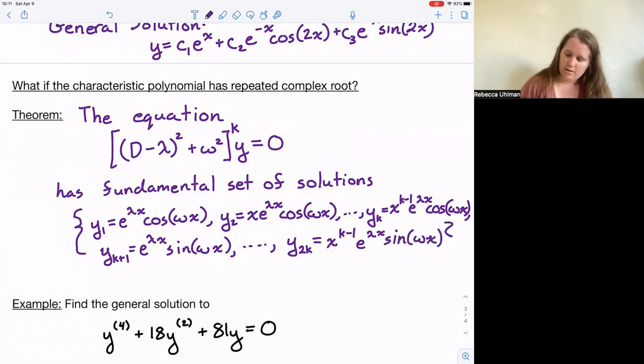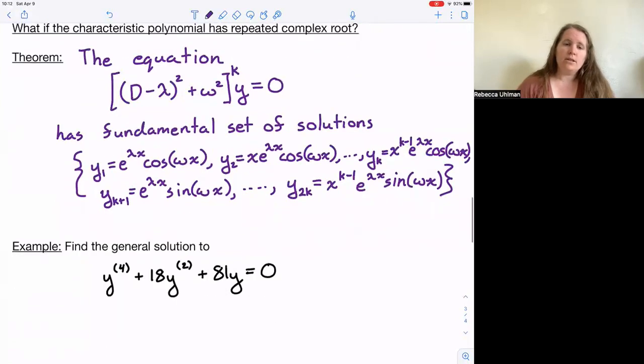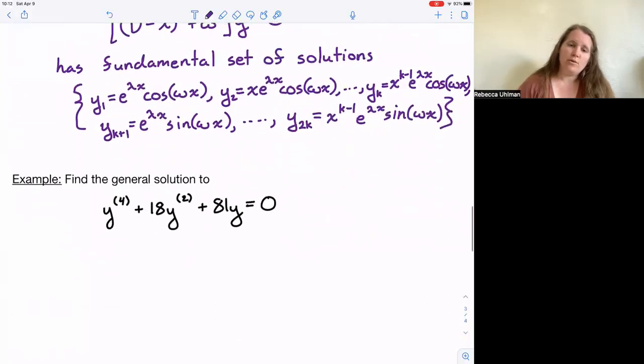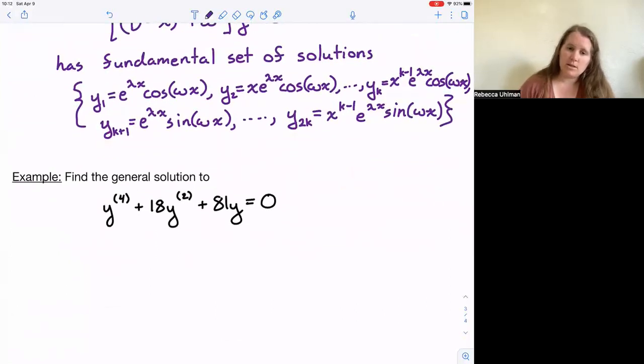So essentially, just like we had for repeated real root, for every additional repetition of our root, you just add in more solutions with another factor of x. So for example, let's find the general solution to the fourth derivative of y plus 18 times the second derivative plus 81 times y equals 0.